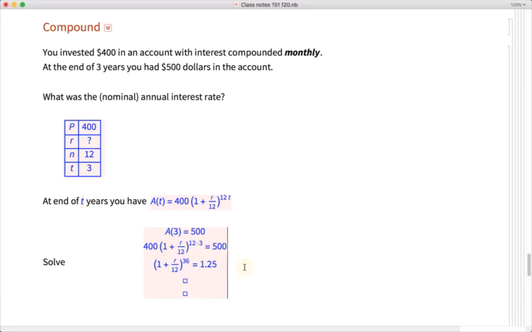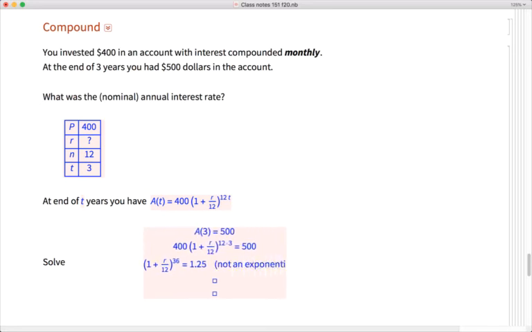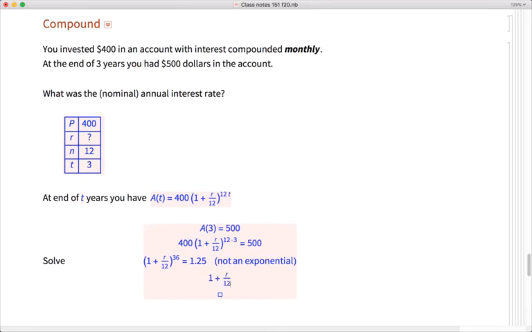What I want to point out is that this is not an exponential. The thing that we're trying to solve for, the interest rate, is not in an exponent spot. It's just in the numerator here. So what we're going to do next is simply take the 36th root of 1.25.